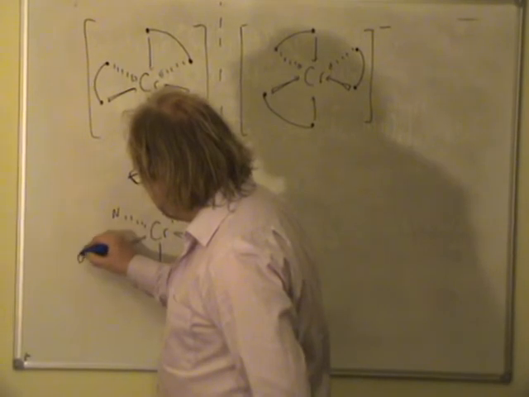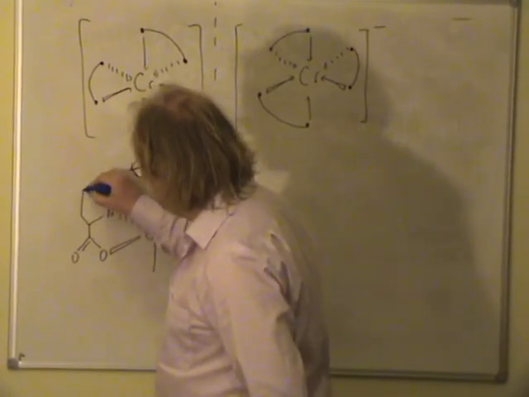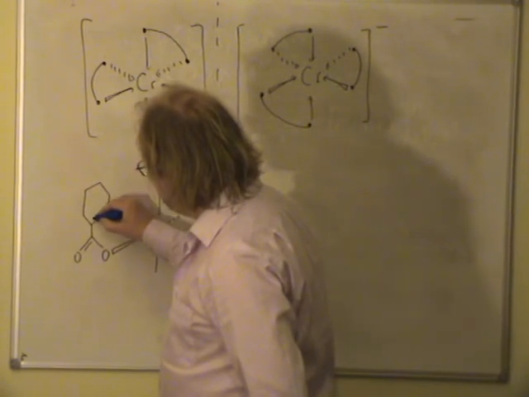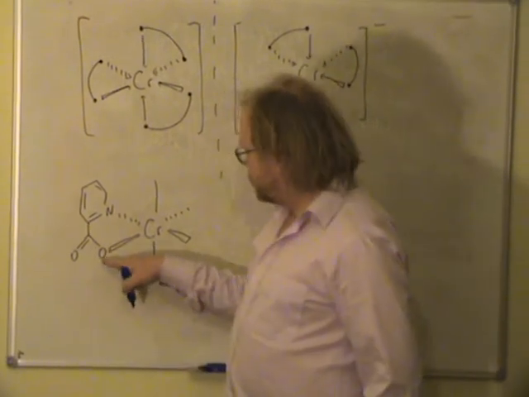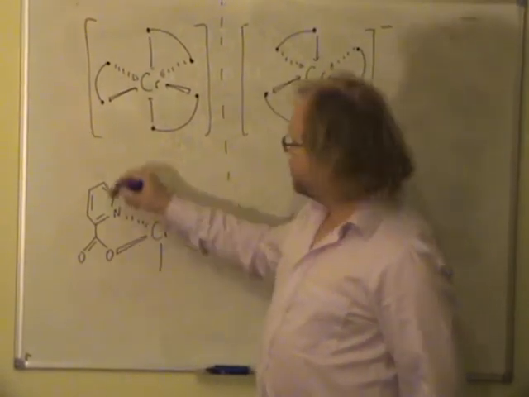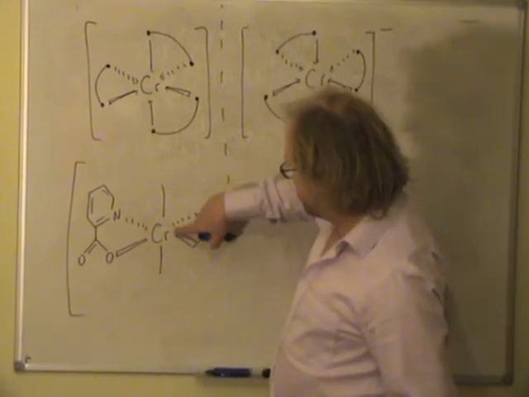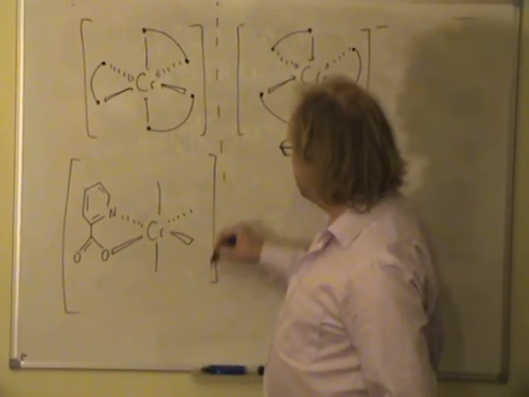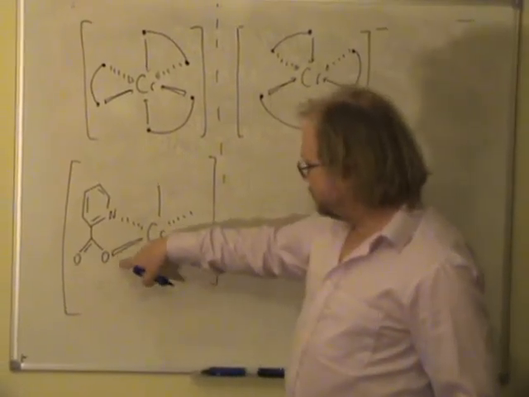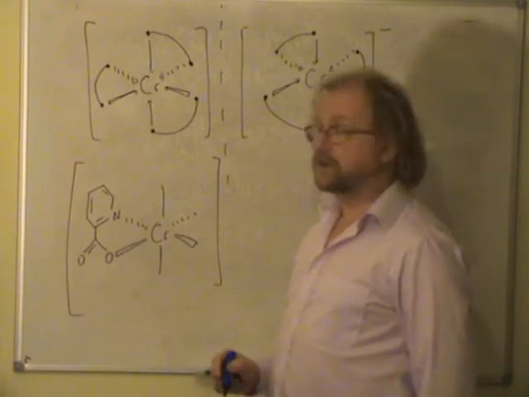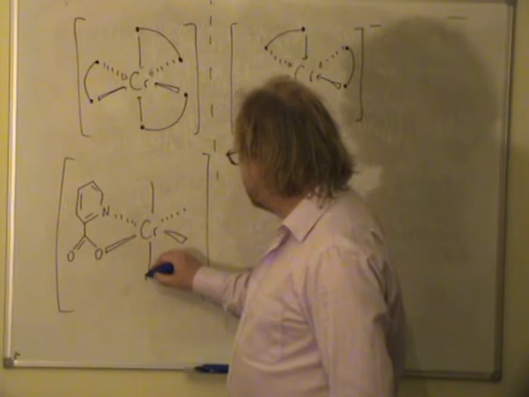So we've got that, and there's our picolinate anion. Remember that you don't put the O- on there because you add up the 3 negative charges from the 3 oxygens with the chromium 3 plus and put the overall charge, which in this case is 0, outside the bracket. So don't put individual negative charges when you draw the ligands on. So there's one of them. We can do another one the same way.